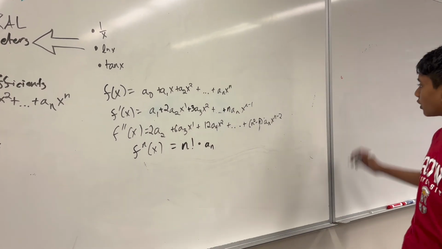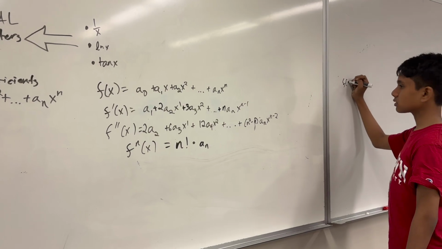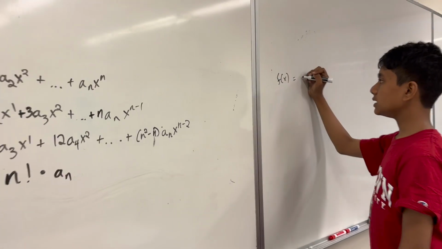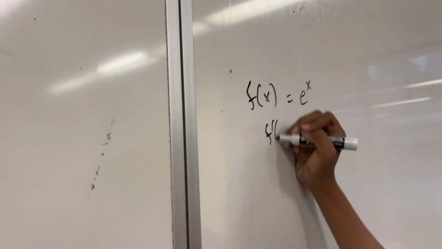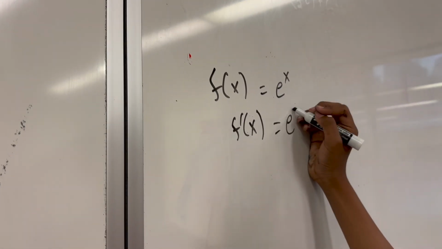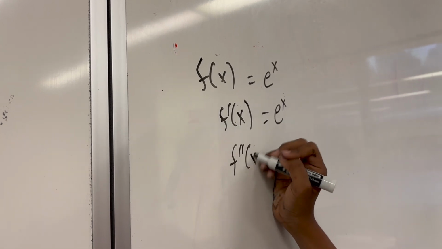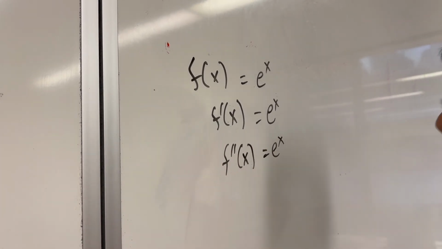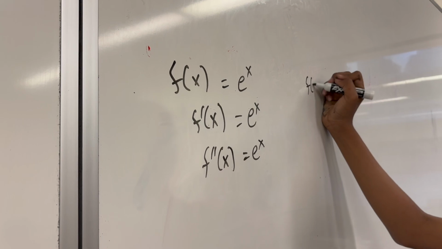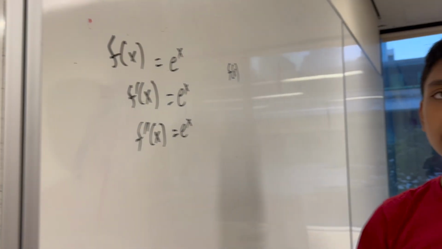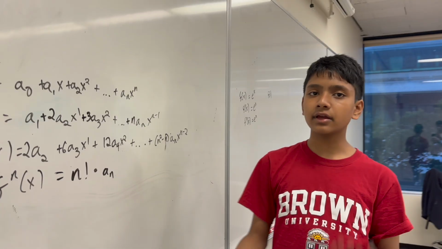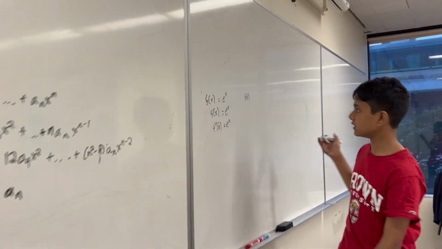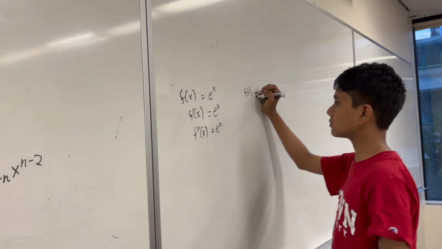E to the x follows the same rule because e to the x is, of course, once you differentiate it, you get the same thing again and again and again. Now, this rule also holds up with constants because when we talk about undetermined coefficients, we can just play around with the actual coefficients because we're just solving a system of equations.